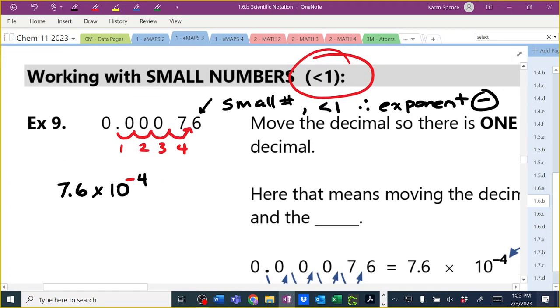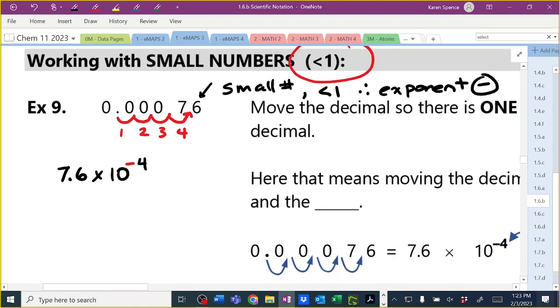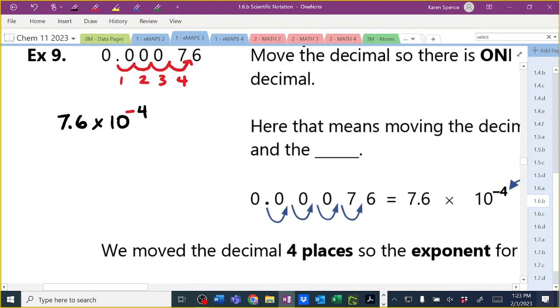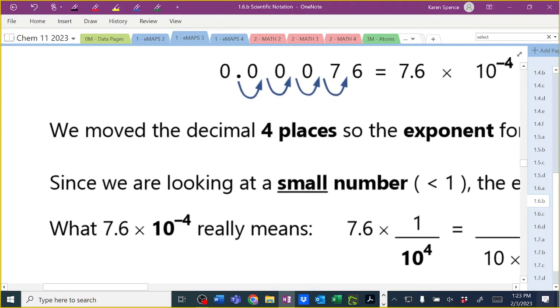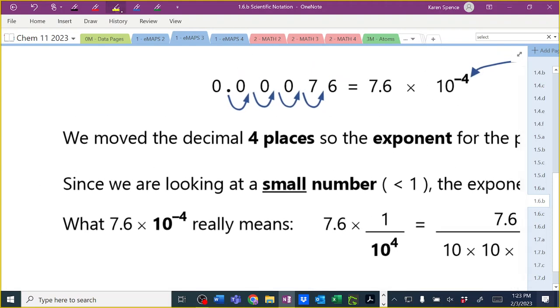Shall we prove to ourselves that that worked? Let's go do that. So here we have 7.6 times 10 to the negative 4. And if you remember, 10 to the negative 4 is the same as 1 over 10 to the positive 4.